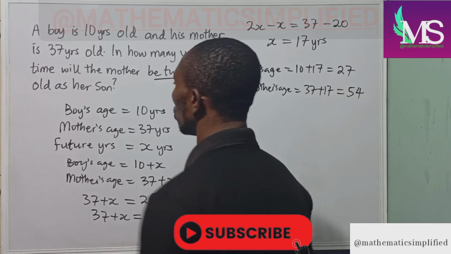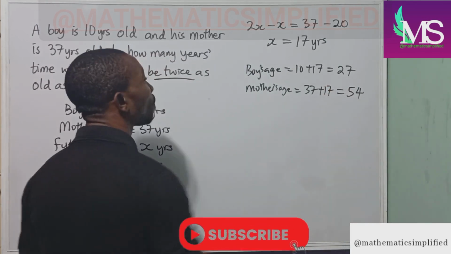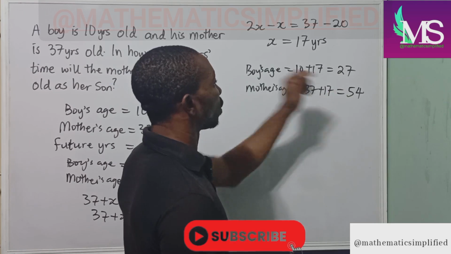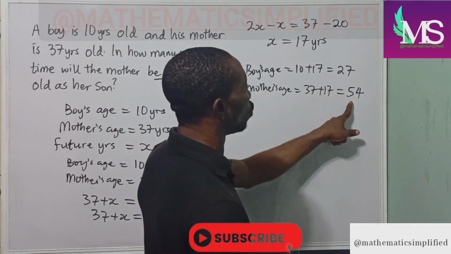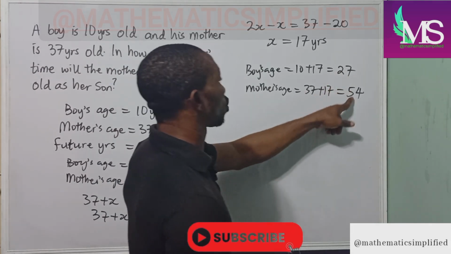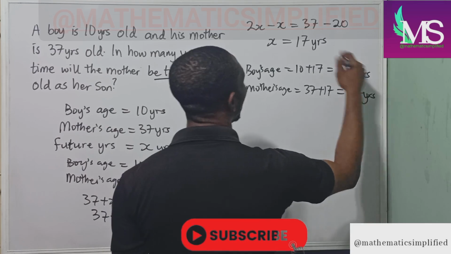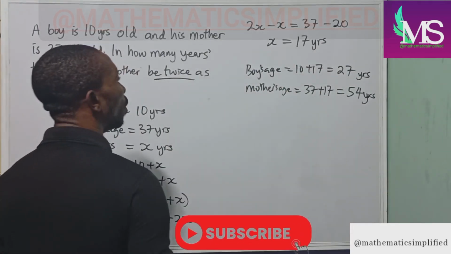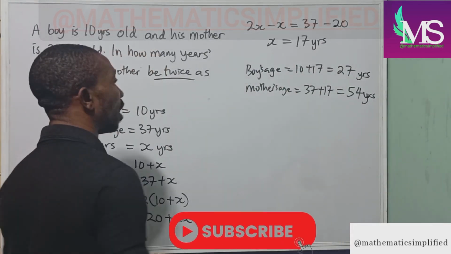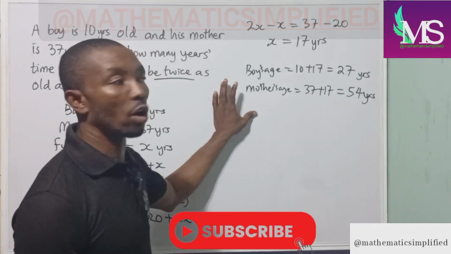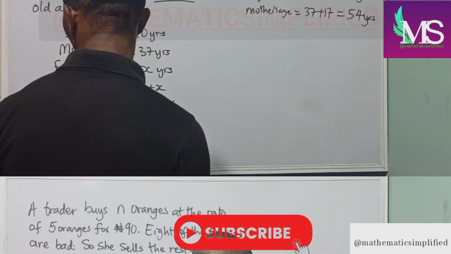So we can see that 54 is twice 27. So 27 times 2 would give us 54. So actually, in 17 years' time, the mother's age will be twice the boy's age.